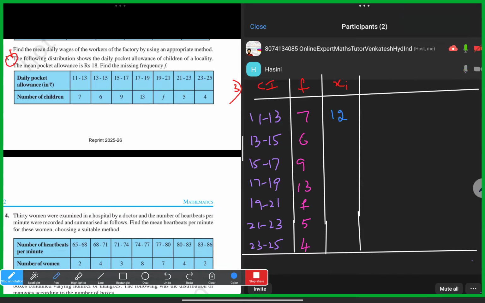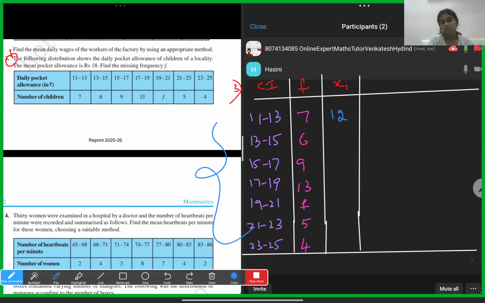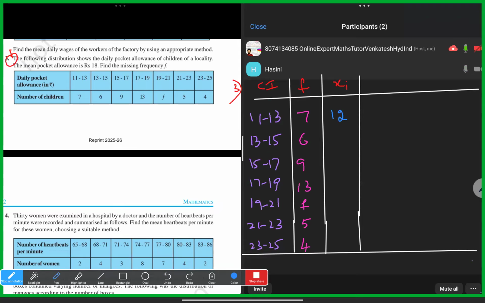Everywhere the class size is the same. Class size is 13 minus 11, which is 2. So we'll add 2 to this first value and get the next one, instead of doing 13 plus 15 by 2. So we'll get 14, then 16, then 18, then 20, then 22 and 24.